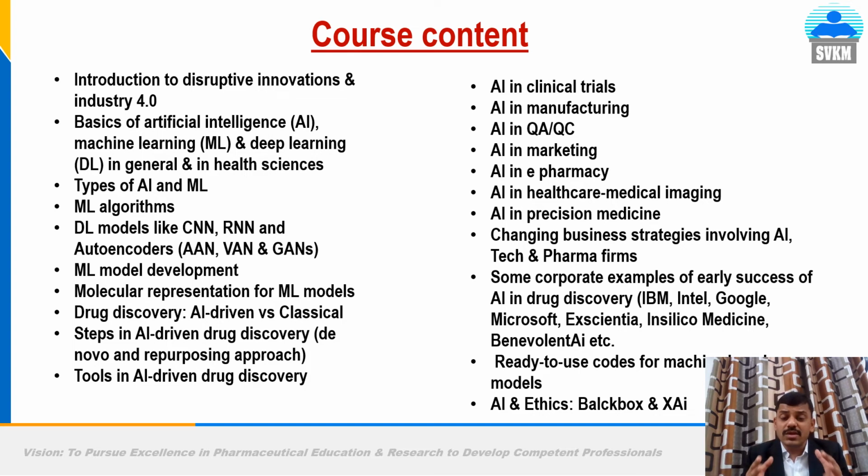Why is there involvement of Intel, Google, Microsoft, IBM, and other tech companies? Why is there a rush for joining hands with famous and pioneering AI companies like Insilico Medicine, Exscientia, Helix, Recursion, BenevolentAI, and Cyclica? Why are pharma companies ready to shake hands with AI companies? Then we will talk about some corporate success stories.